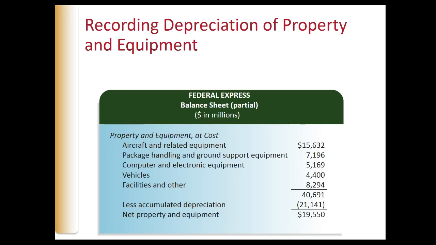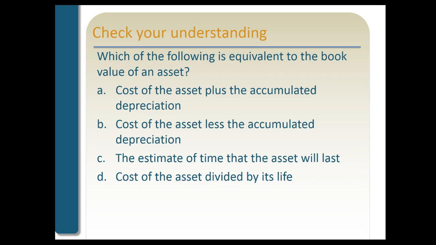Depreciation is a calculation internal to the company, and the cost of the asset less the accumulated depreciation does not necessarily represent market value of the asset. So like what the asset could be sold for in the day-to-day market. The net value is what the asset was purchased for minus the depreciation taken over its life.